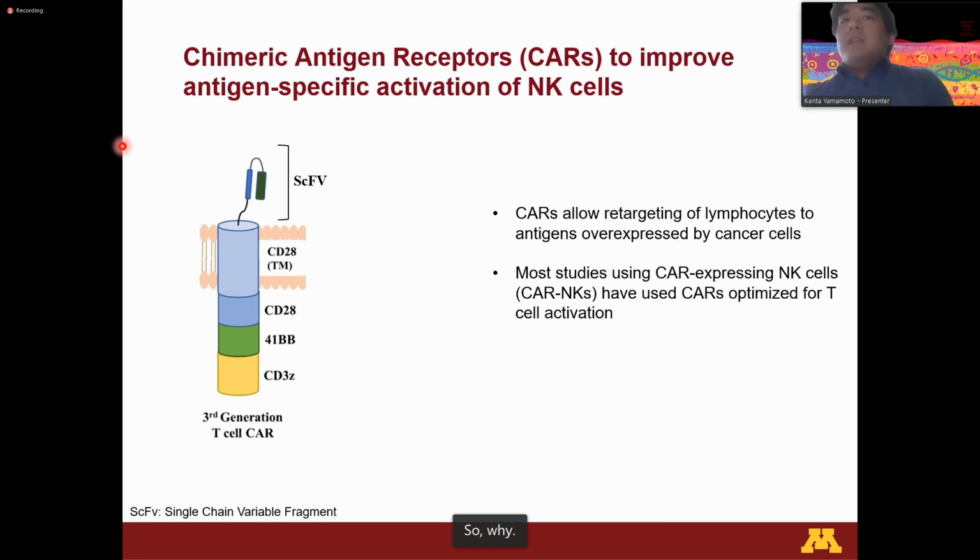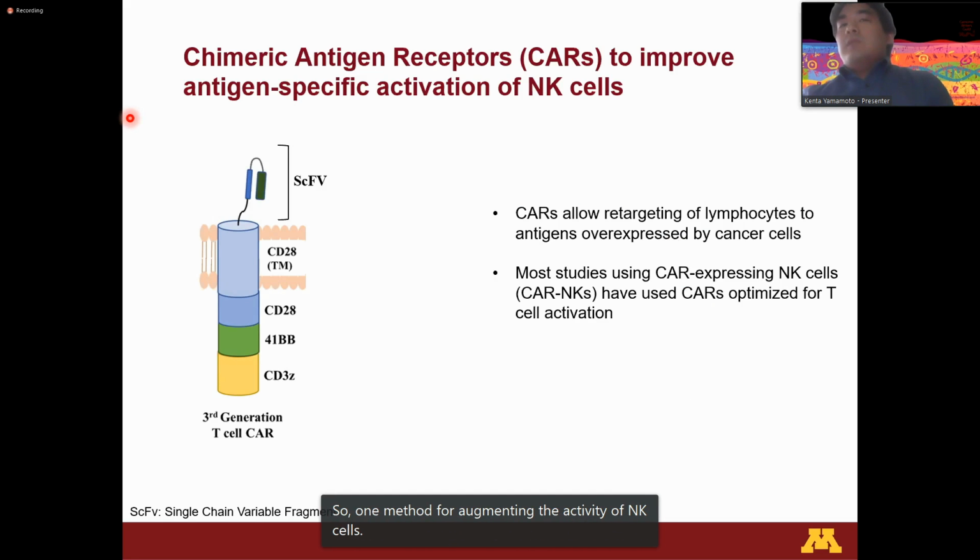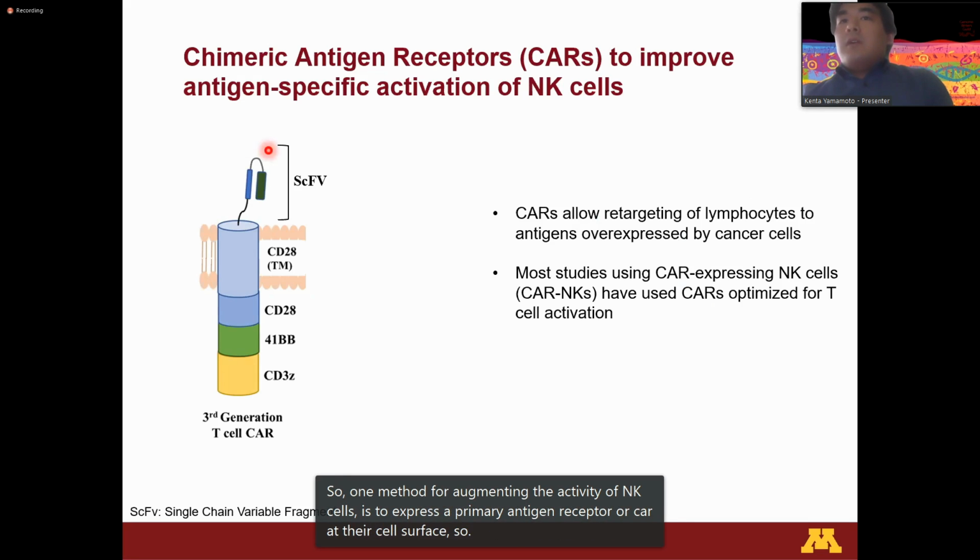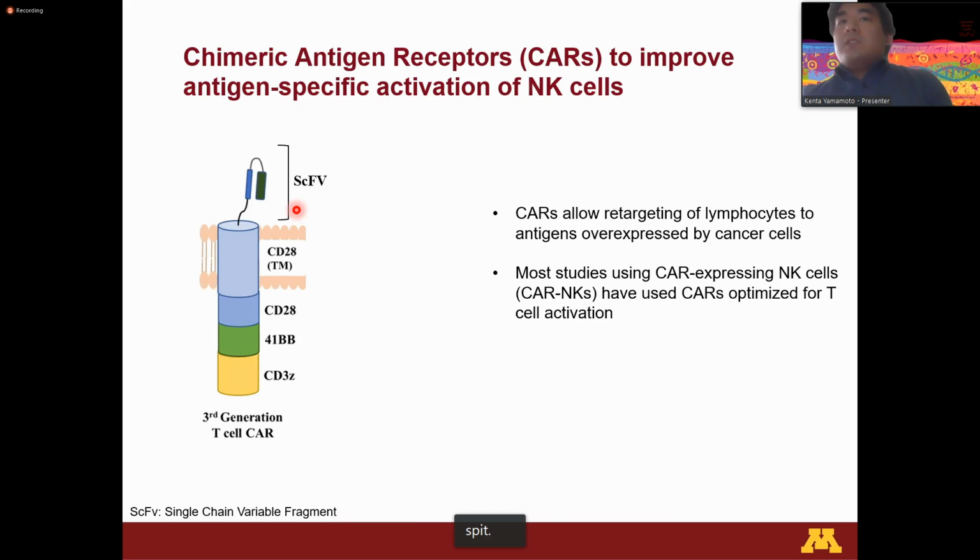So one method for augmenting the activity of NK cells is to express a chimeric antigen receptor, or CAR, at their cell surface. So a CAR utilizes a single chain variable fragment, which is essentially your antigen recognition domain, which is going to specifically target peptides or antigens overexpressed by cancers.